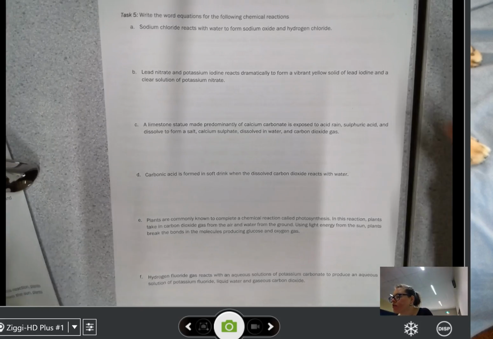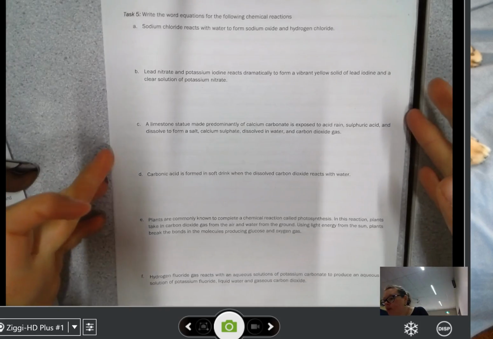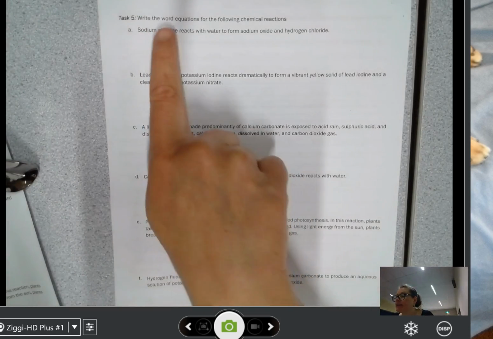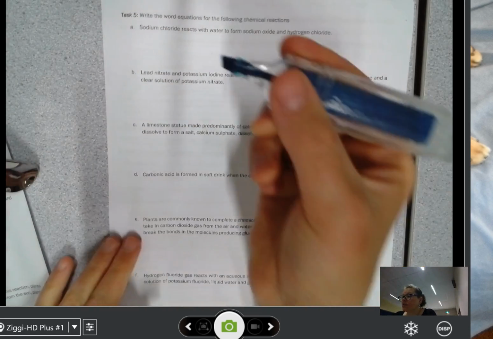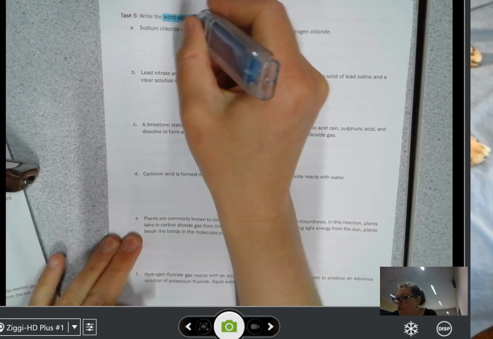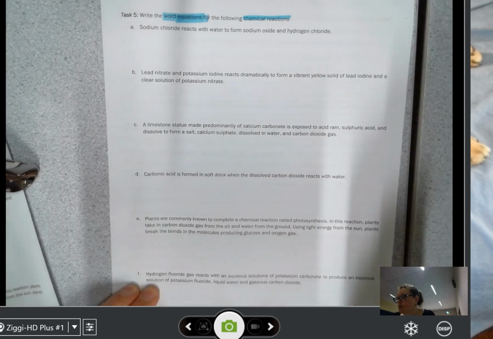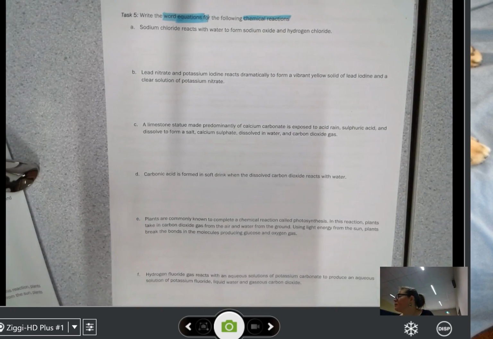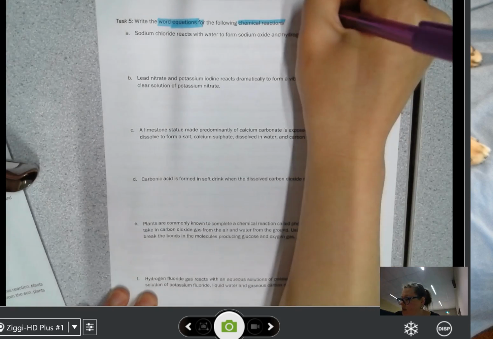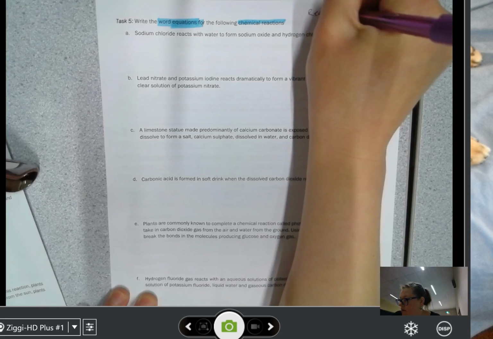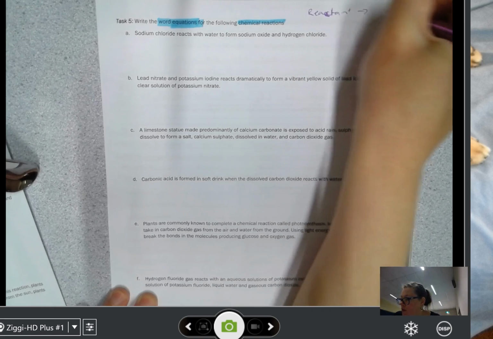Okay, task 5 of our chemistry revision asks us to write word equations. This is quite important: you need to read the question and make sure that you answer it appropriately. What it means is that we need to identify reactants and the products.